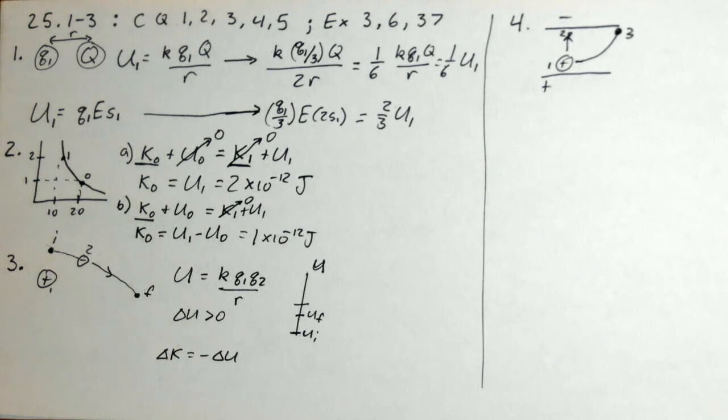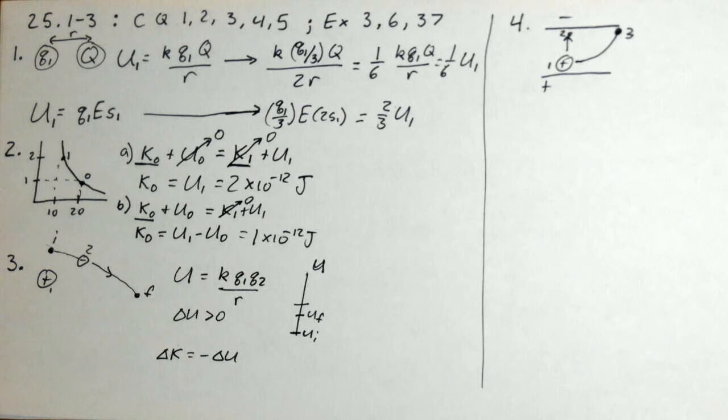The question is, how is delta U between 1 and 2 related in size to delta U between 1 and 3? In other words, does the change of potential energy in going from 1 to 2 differ, or is it the same as the change of potential energy in going from 1 to 3?